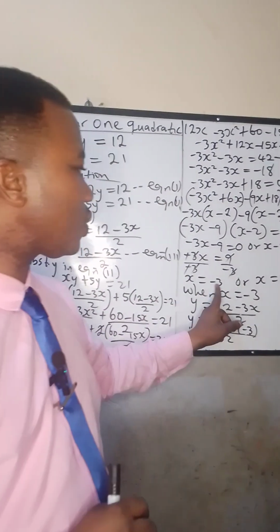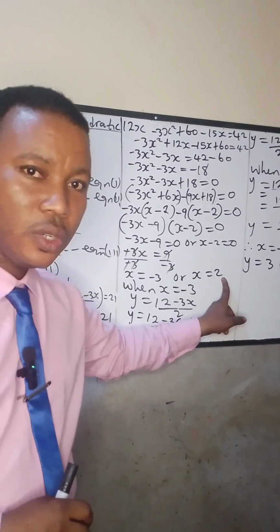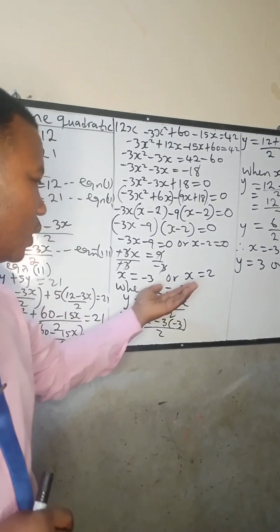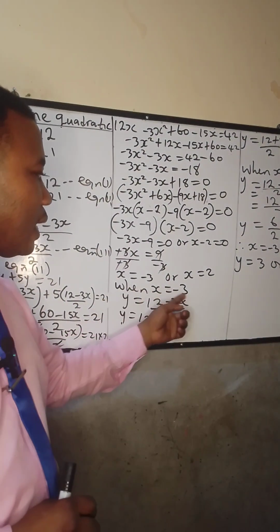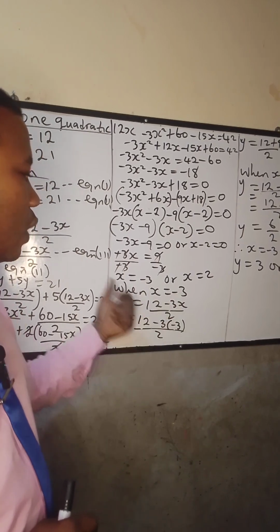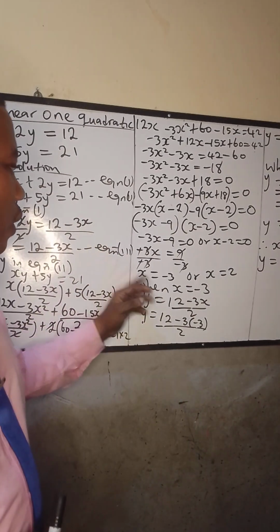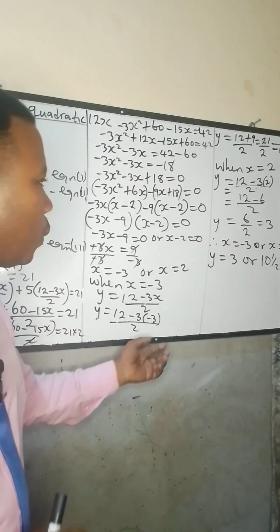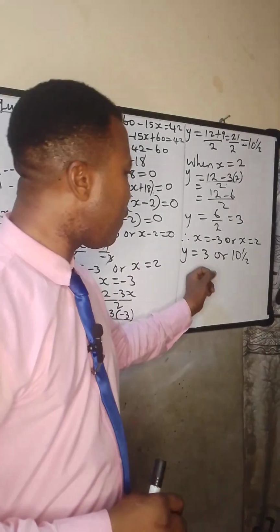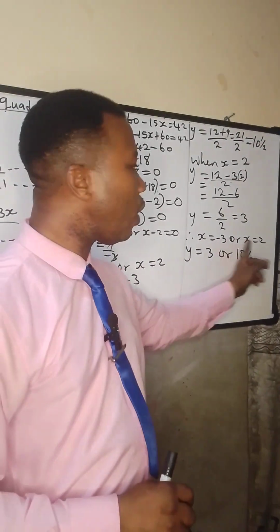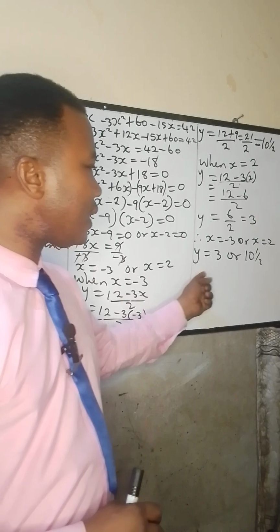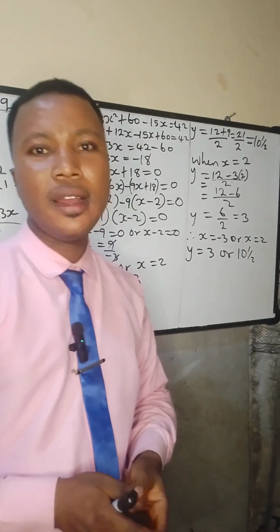Our x becomes minus 3 or plus 2. Now from this place, try to get our y. We say when x is this, we substitute this in equation 3. After that we walk through and we're able to arrive. Our x is minus 3 or 2. The same thing, our y is 3 or 10 and a half.